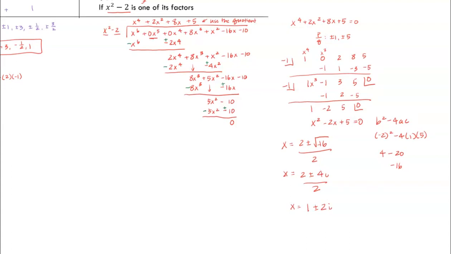Okay, so let's go ahead and find all the roots. The roots are going to be x equals negative 1 with multiplicity of 2, and then also x equals 1 plus or minus 2i.